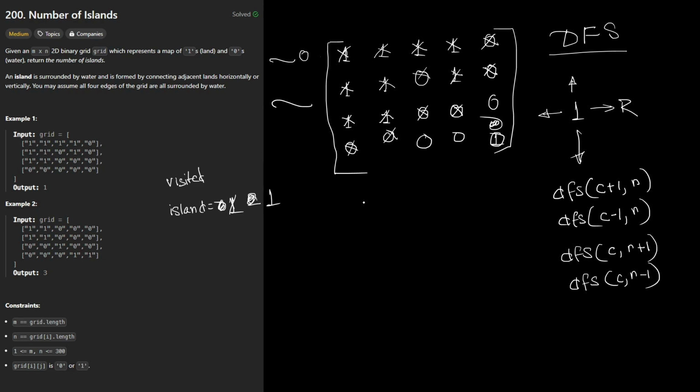The only thing out here, for this type of graph problem, is you need to have one visited, which can be a set, where you're going to keep all the unique elements that are going to get traversed, or that I've already looked into. The other could be the island variable. And most importantly, because the island is denoted by 1 and water by 0, you have to keep track of it.